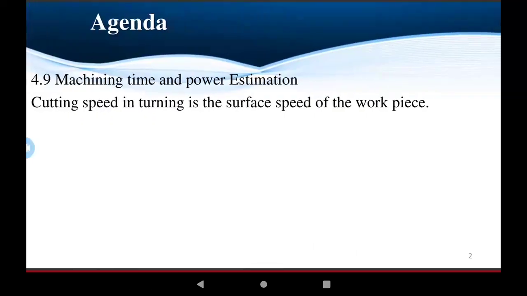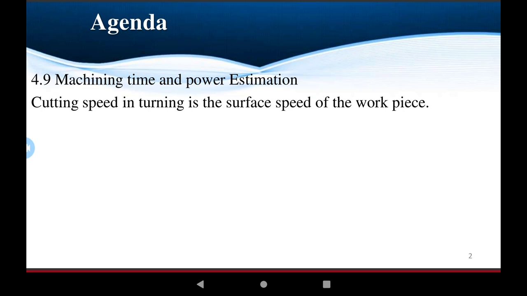The agenda for today in this video is machining times and power estimation, and second, the cutting speed. In turning, it is the surface speed of the workpiece. This topic is very important in the chapter.